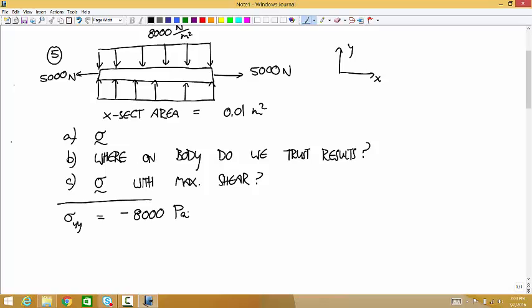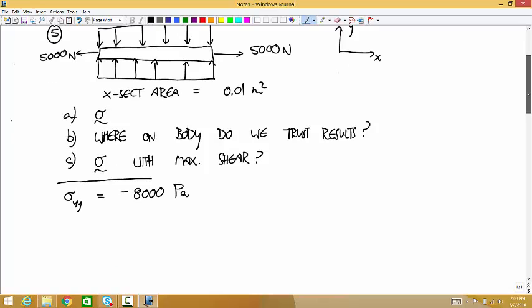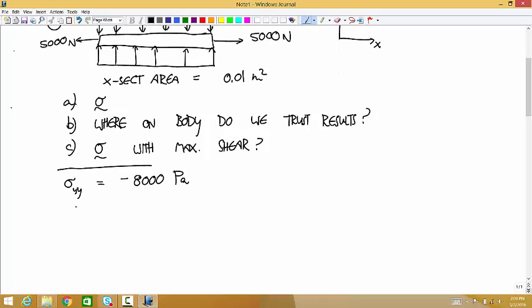Why is it negative? Because it's in compression. Just imagine this, whatever shape it is, turns into a stress element, and you just have to adjust the values. And then the only other non-zero value would be the XX stress. Would that be positive or negative? Positive because it's in tension.